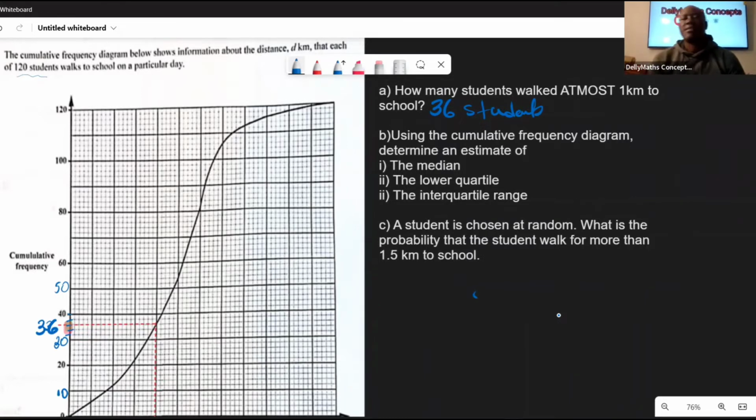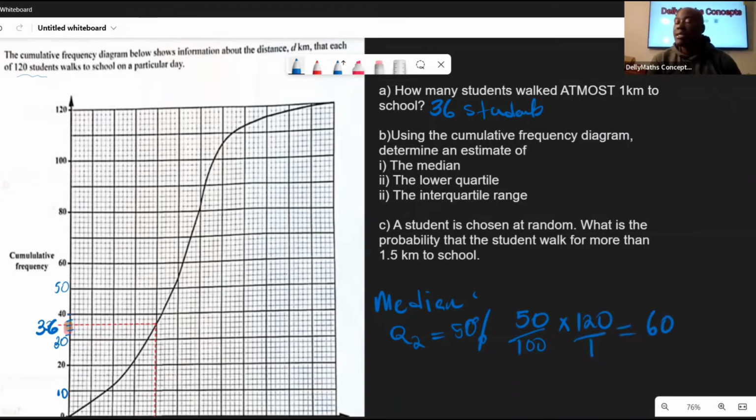The median is your second quartile, Q2, and that refers to 50% of your sample, because the median is that midway point. The sample is 120 students, so 50% of it gives me 60. But this is not the answer.